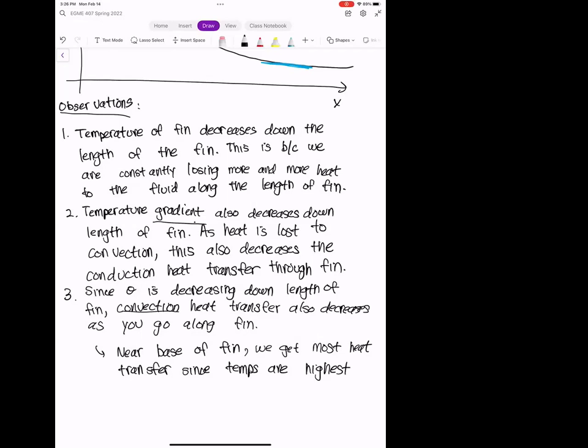And this temperature is going to decrease as you get further and further along the fin, and that heat transfer is going to decrease as well.